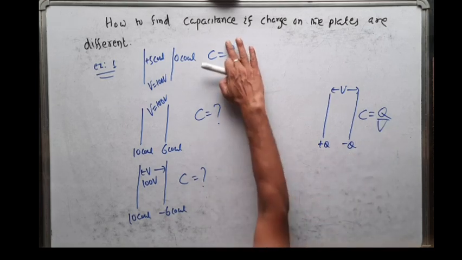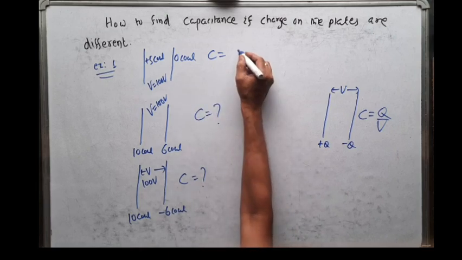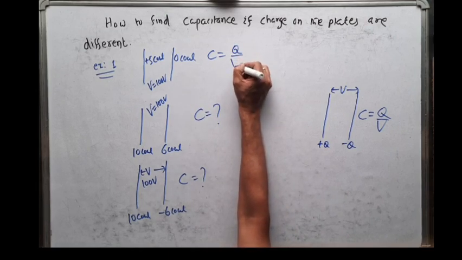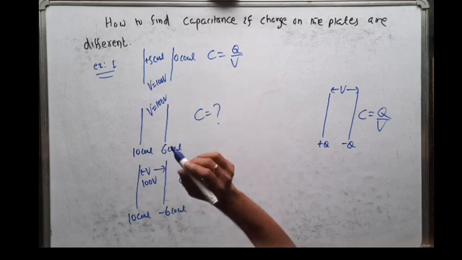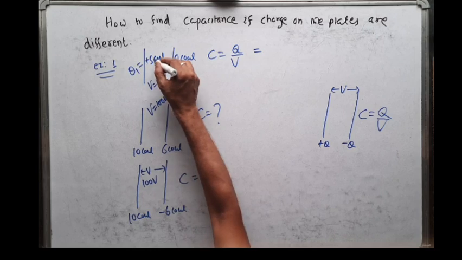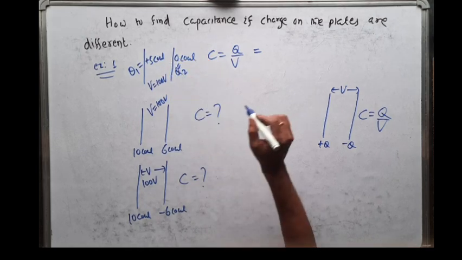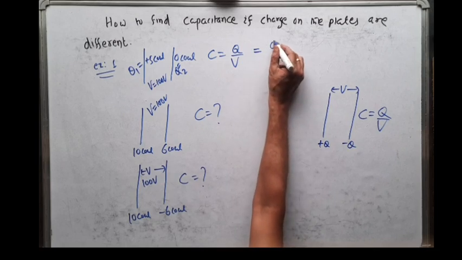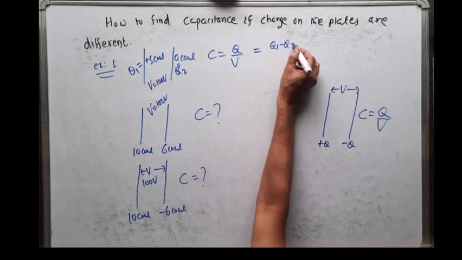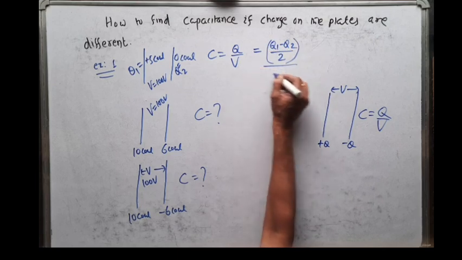But here what is the capacitance? How will you find it? You know capacitance is equal to Q by V. But what is the value of Q? Let us say this is Q1 which is equal to 5 coulomb. This is your Q2, which is equal to 0 coulomb. So this Q is nothing but Q1 minus Q2 divided by 2, divided by voltage.